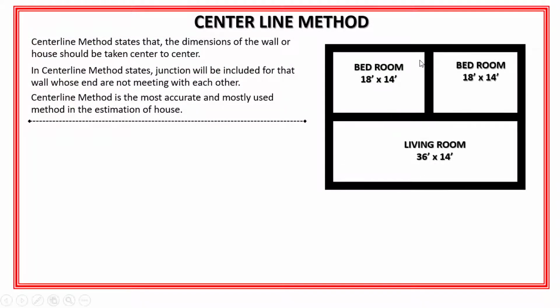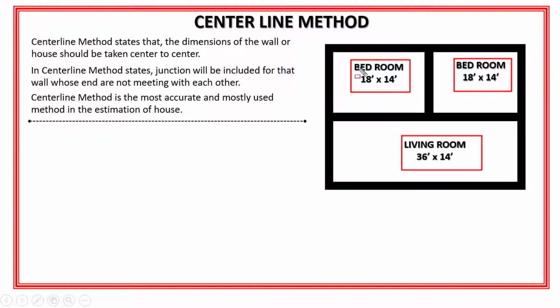So let's say I have a plan of a house. This house plan is just to clear your concept and to give you a clear idea about how the center line method actually works in the estimation of a house. It is not a regular plan of a house. In this house I have 2 rooms and 1 living hall.